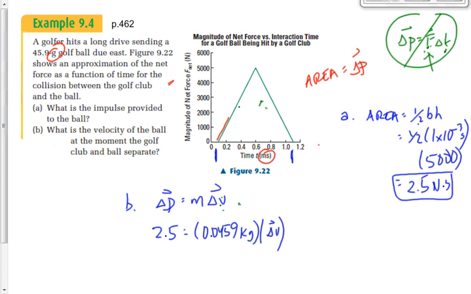Anyone yet? Position A or B, does it separate? Who says A? Who says B? B's right.